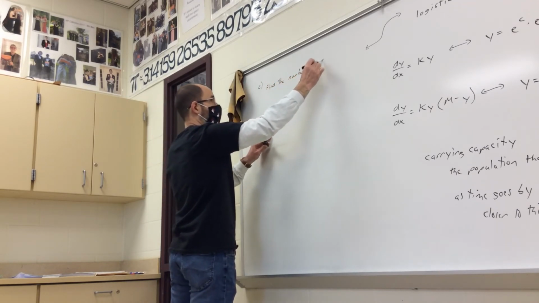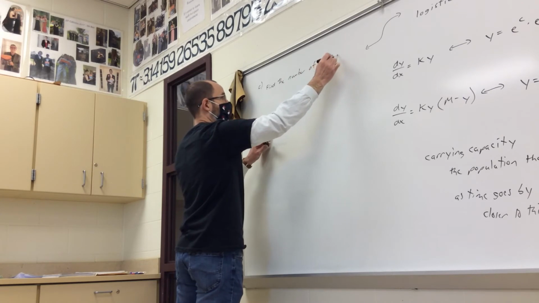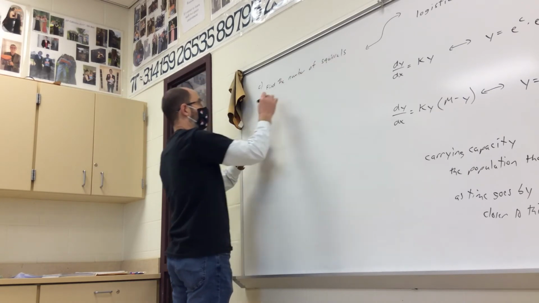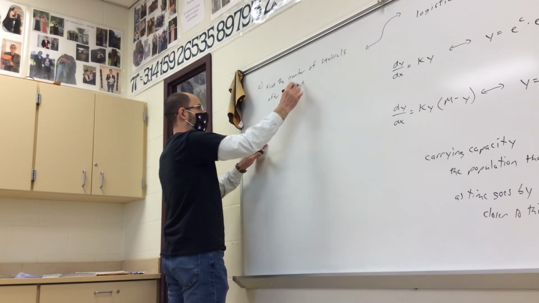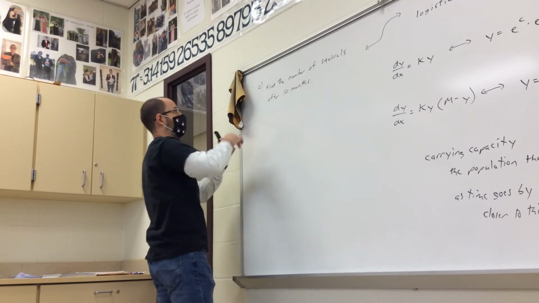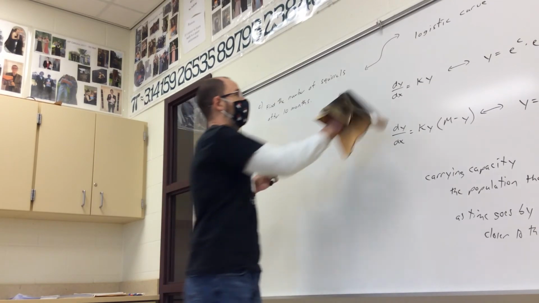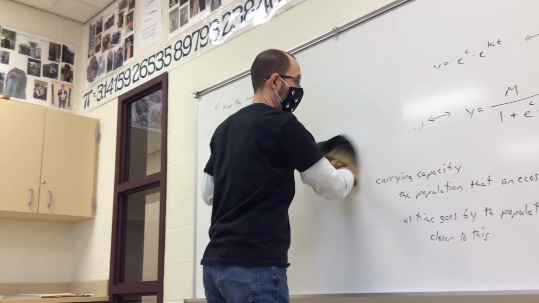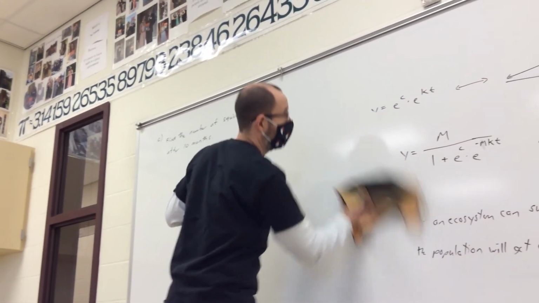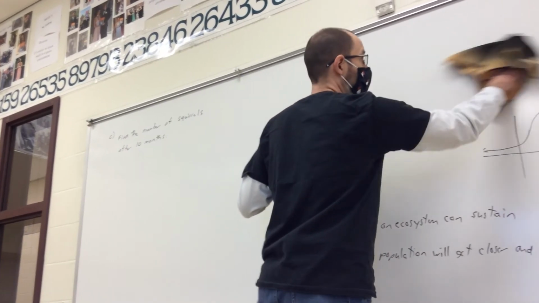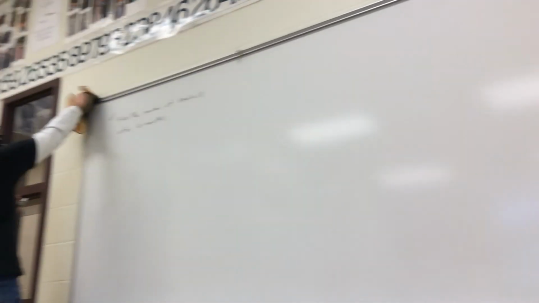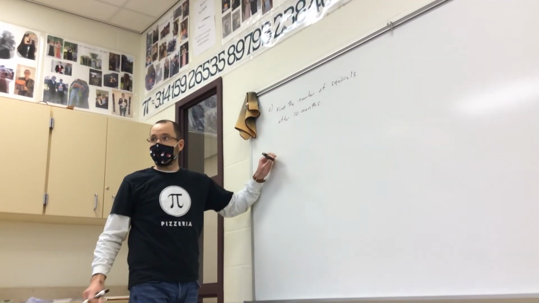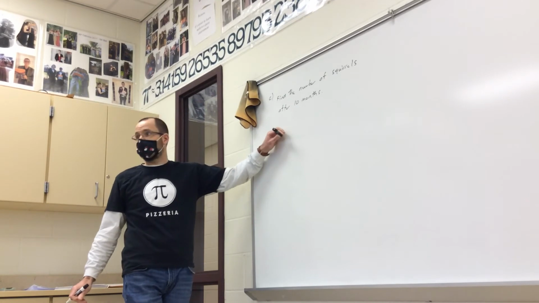So now we're going to find the number of squirrels after 10 months. So which formula should I use for this?